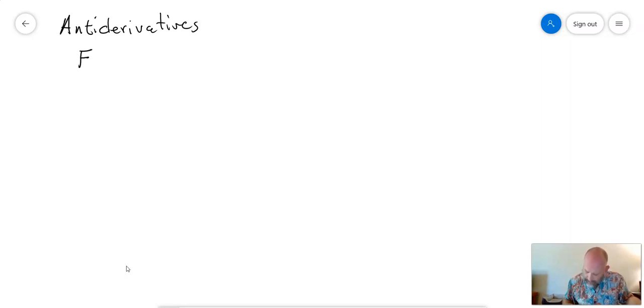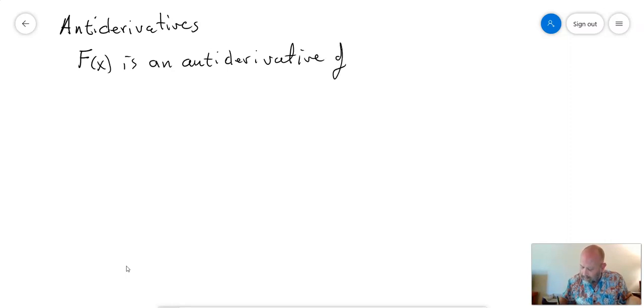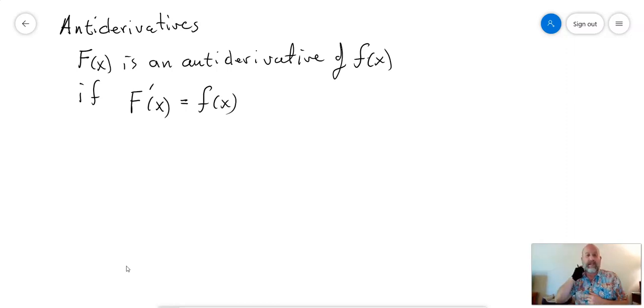So capital F of x is an antiderivative of a function little f of x if the derivative of big F is equal to little f. Right? So it's something you can take a derivative of to get the function you started with.